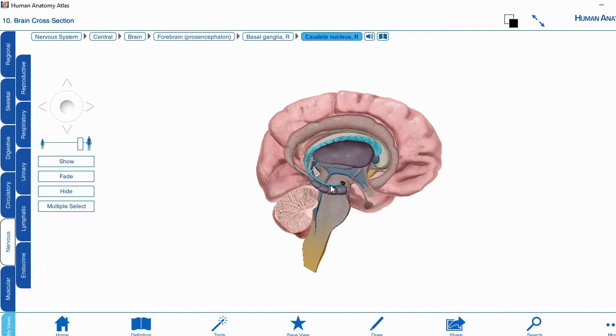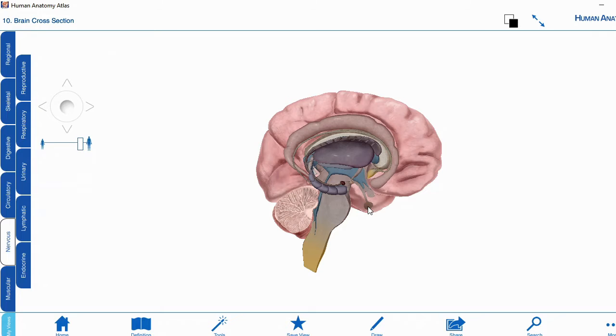Then you can see here this is the hippocampus, the part which connects the brain with the midbrain. Then this one is the cerebellum, the left side cerebellum, of course, because it is a section of the brain. Then this is the pituitary gland, different lobes of the pituitary gland.